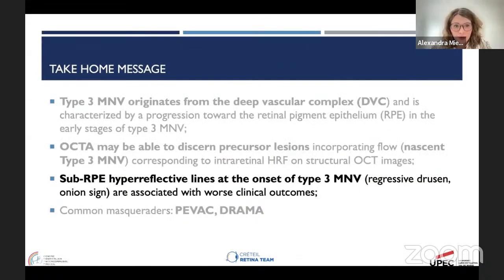Another thing about type 3 macular neovascularization is that sometimes we have these sub-RPE hyperreflective lines that have been quite recently described at the onset of type 3 macular neovascularization, and that may correspond to either regressive drusen or onion sign and are associated with a worse clinical outcome.